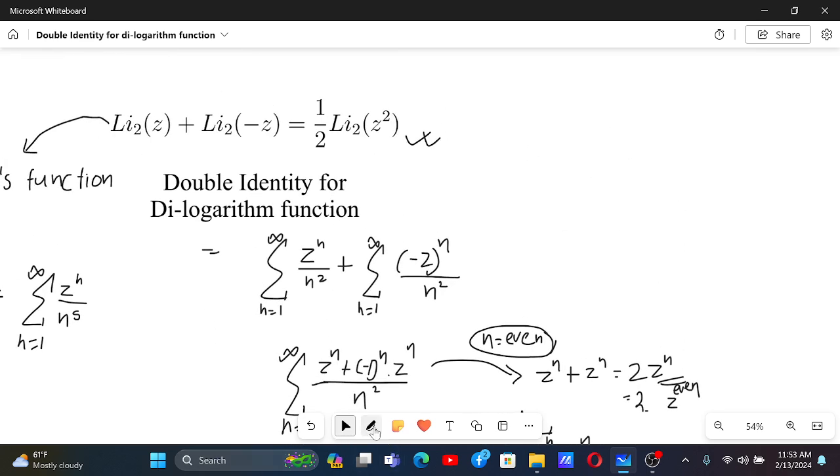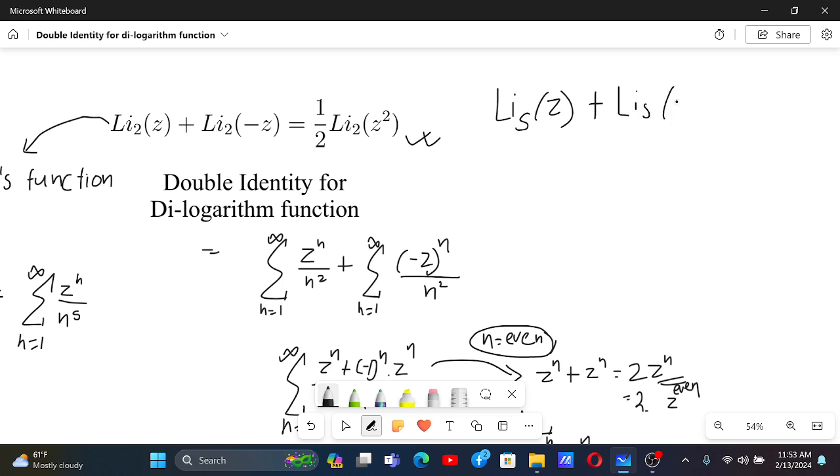Now in place of Di-logarithm, if we had any polylogarithm function, you can go through a similar proof, and you can derive that this is actually equal to 2 to the power 1 minus s times the polylogarithm function of g square.